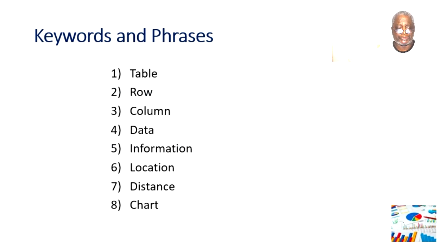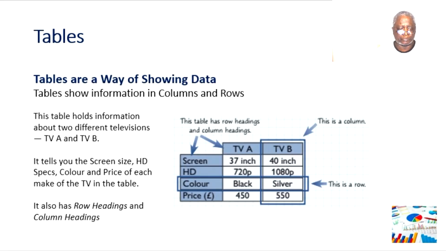The keywords and phrases you need to be familiar with are table, row, column, data, information, location, distance, and chart. As I usually advise you, you need to be familiar with these words and be able to use them fluently in maths.